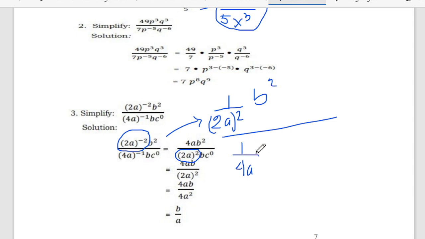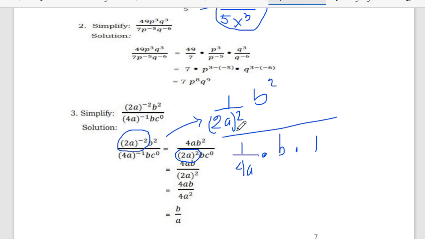Tapos, meron siyang B sa taas times yung C niya is 1. Ang C raised to 0 is 1. So, 1 na yun. So, dito naman banda, division ito. So, baliktarin lang natin yan.